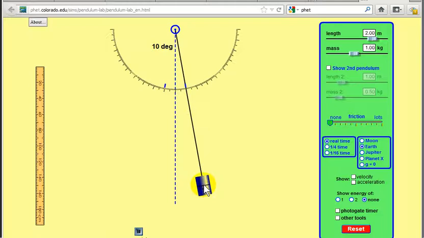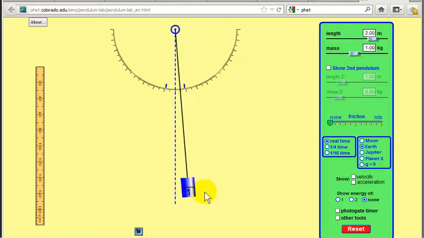Of course, we know that the bob will undergo simple harmonic motion if the angle is small. If it's less than 10 degrees especially, we get a very good approximation to simple harmonic motion. So let's say it's 9 degrees.